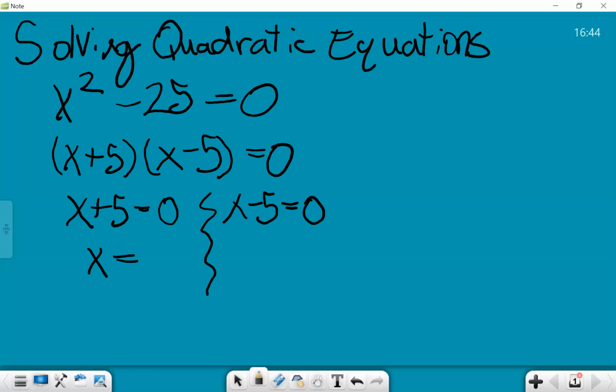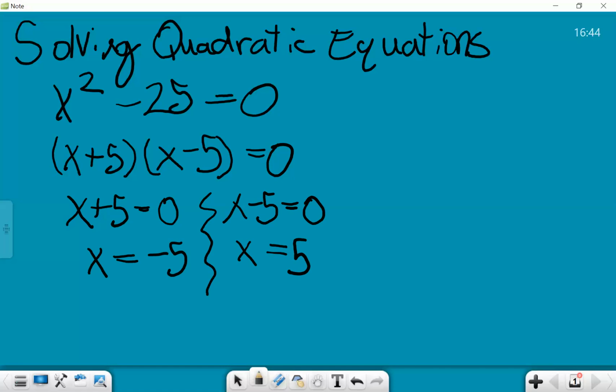If I subtract 5 from both sides, I get x equals negative 5. And over here, I would add 5 to both sides to get that x equals positive 5. So we have two solutions, x equals negative 5 and x equals positive 5. And those would be our solutions to this equation.